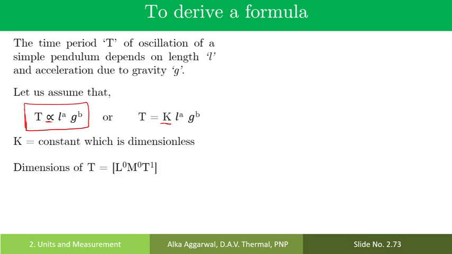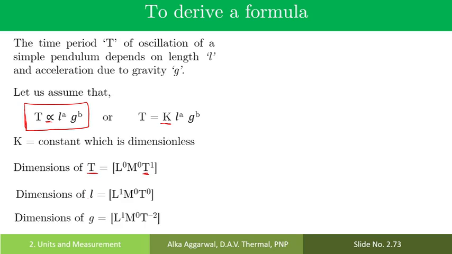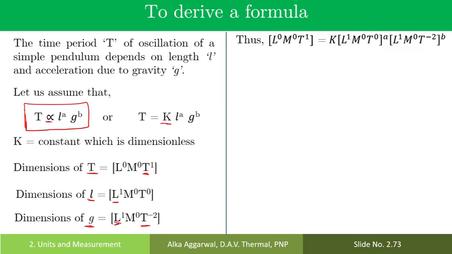Now we replace the time period, length and acceleration due to gravity by their dimensional formulas. Let the dimension of the time period be T, dimension of the length be L, and dimensions of the acceleration due to gravity be LT^-2. Thus, when we replace these physical quantities by their dimensional formulas, this equation is obtained.